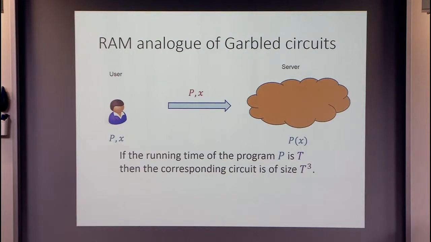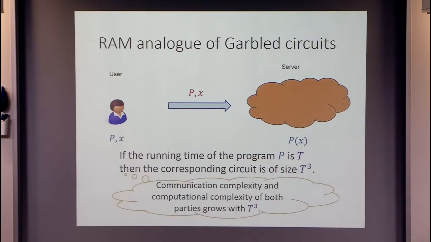So in particular here the communication complexity, which is the size of the garbled program, and the computational complexity of both the user who generates this garbled program and the server who computes on it grows with T cube.